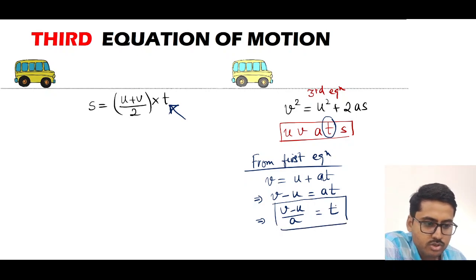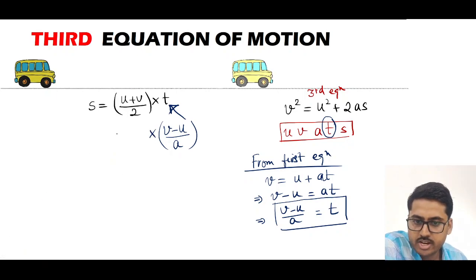Okay, so if I substitute the value of t as (v minus u) by a, and this already we can write as (v plus u), and we can write this as (v plus u).